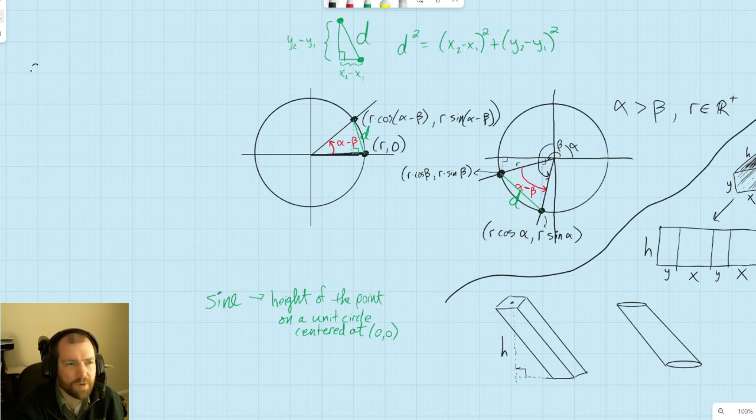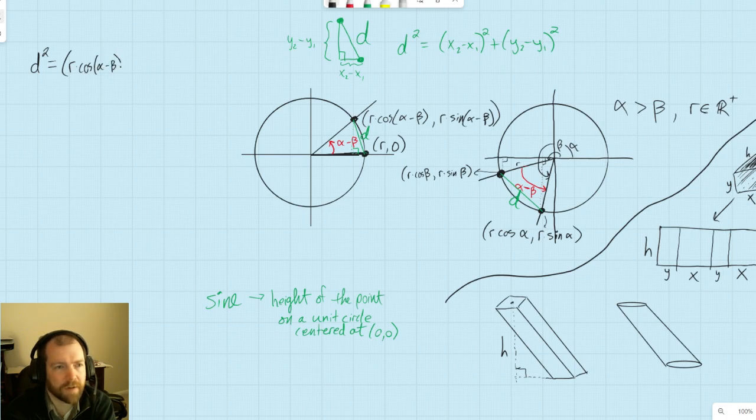All right, so the one on the left is going to be d squared is equal to, and then here, x2 minus x1, again, it doesn't matter which one we pick, but r cosine of alpha minus beta minus r, parentheses squared, plus parentheses y2 minus y1, which is r sine of alpha minus beta, minus 0, parentheses squared.